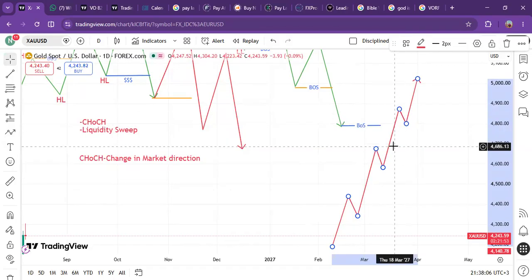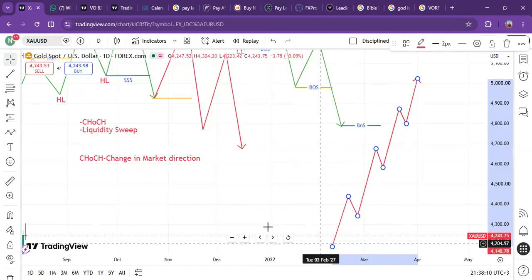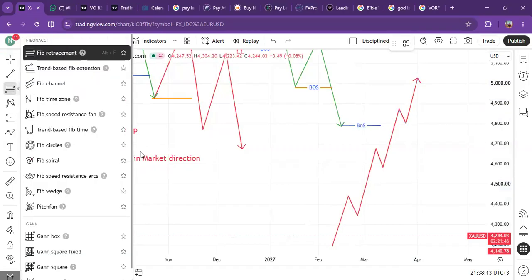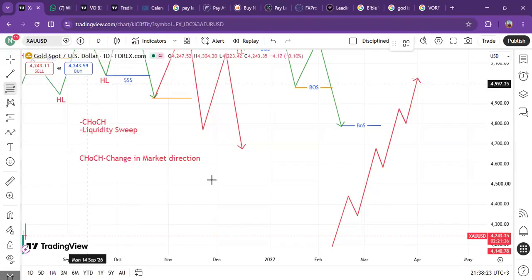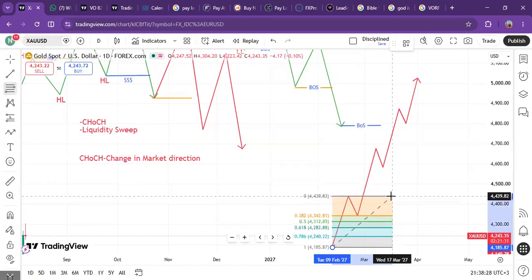No. For a valid break of structure, take your Fibonacci from the beginning of the trend. The Fib retracement is the third on your drawing tools. Take your Fibonacci, draw from the bottom to the top.